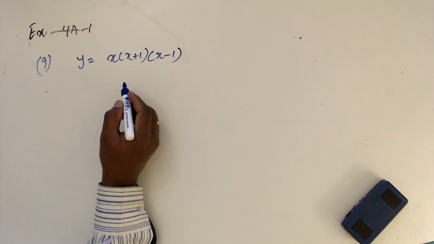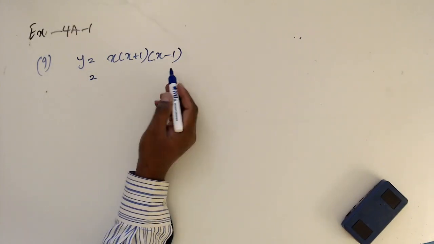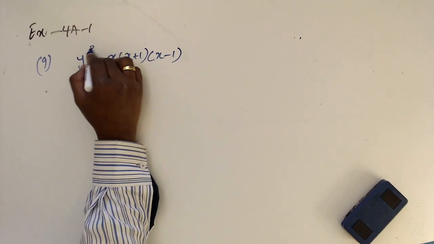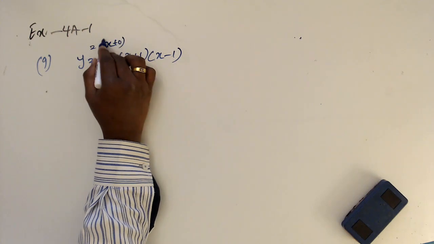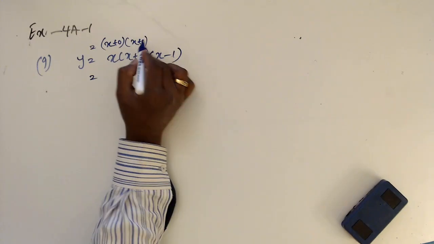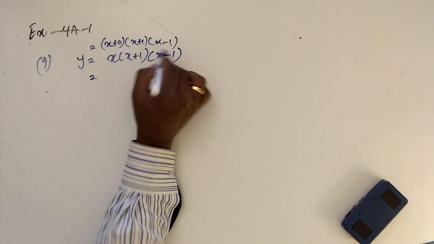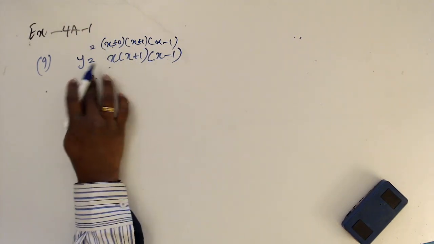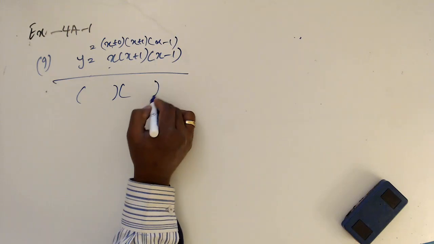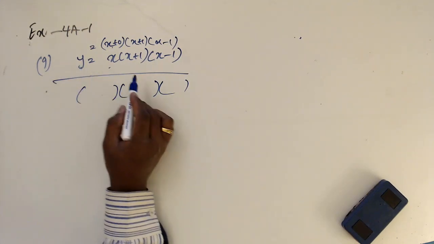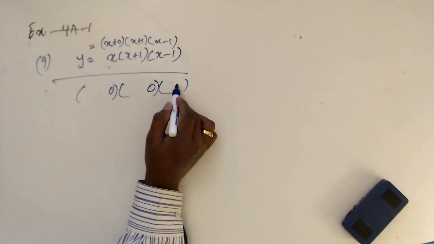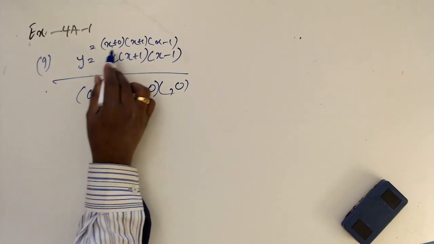G, y equals this one. If you want, you can write it like this as well: x plus 0, x plus 1, and x minus 1. Instead of x, I write x plus 0. So for the roots, y equals 0, x equals 0 from here.